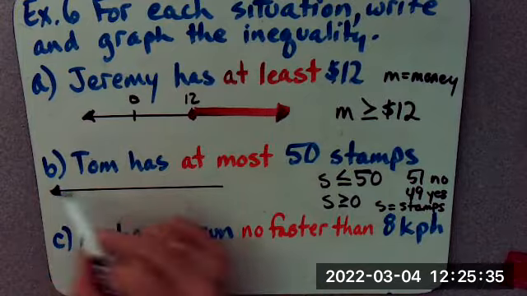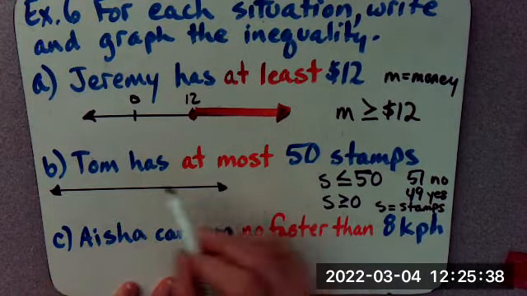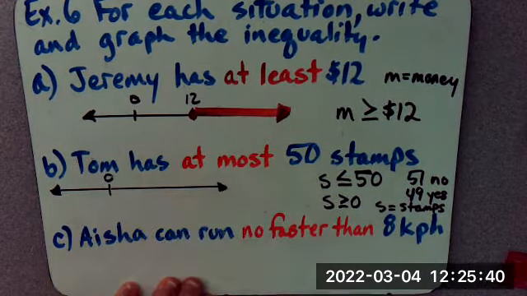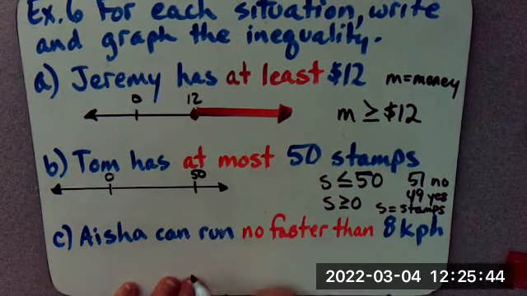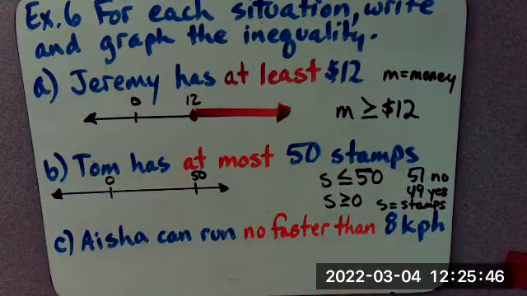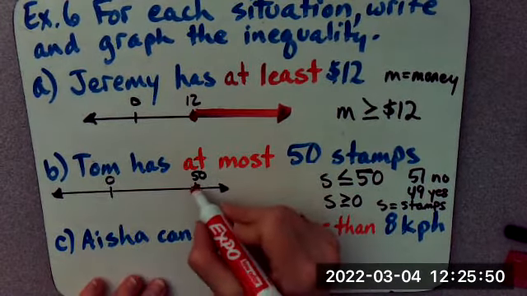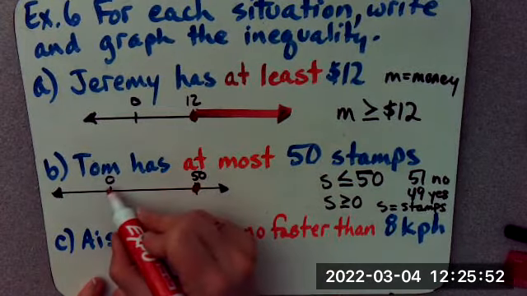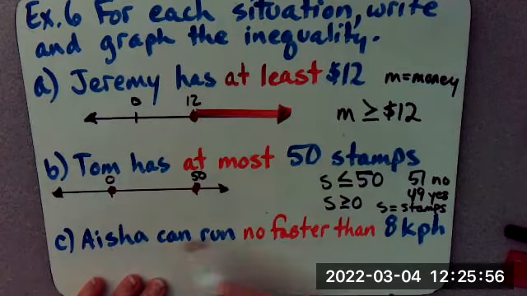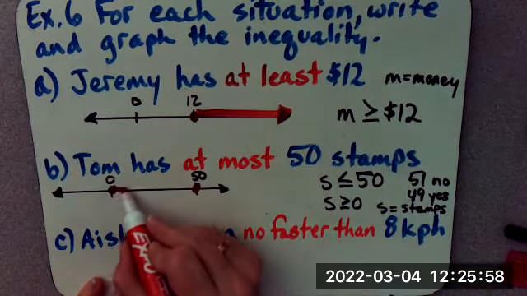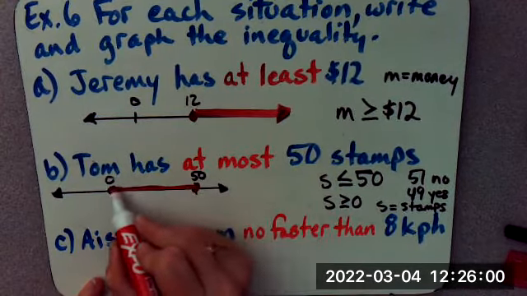All right, so we have 0 here, and we have 50 here. We know that Tom can have 50 stamps, and we know that Tom can have no less than 0 stamps, because you can't have negative stamps.